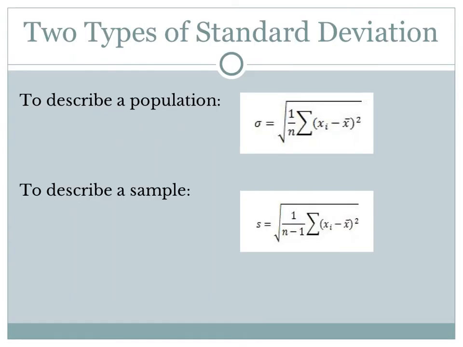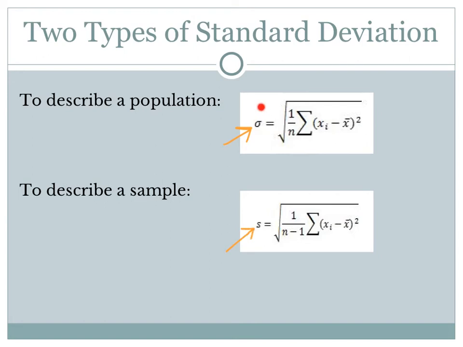There are two types of standard deviation that the 1-var stat function on your calculator will give you. It gives you a standard deviation to describe a population, as well as a standard deviation to describe a sample. There are just minor differences in their formulas. The first thing I would like you to notice is that the symbol we use for each is different, and this is, again, consistent with what's on your calculator.